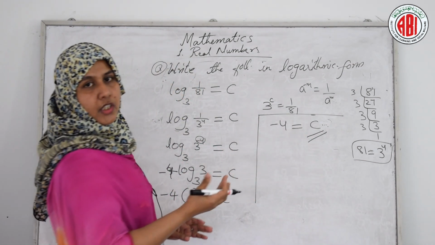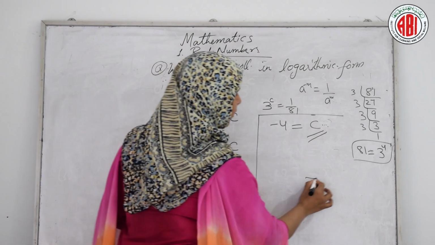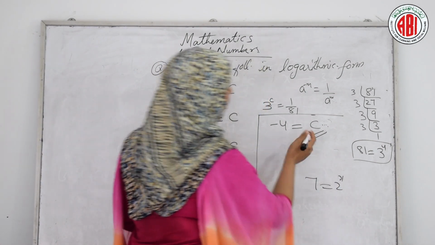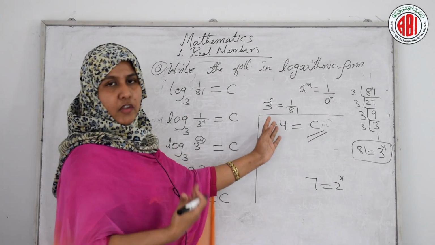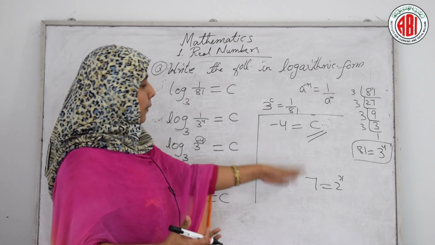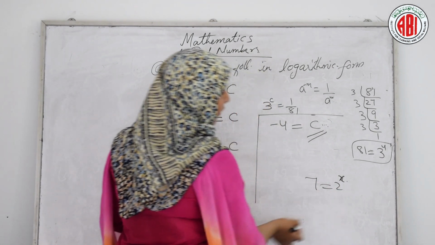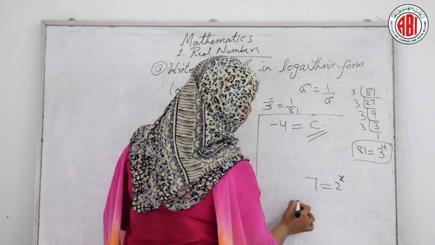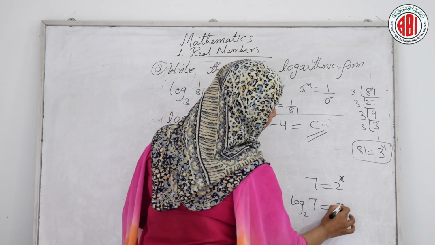In the previous question, that is 7 equals 2 power x, log 2 7 is equal to x.